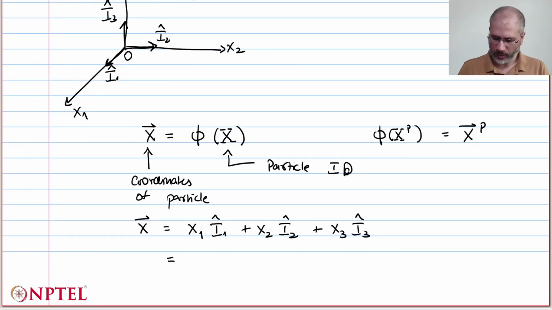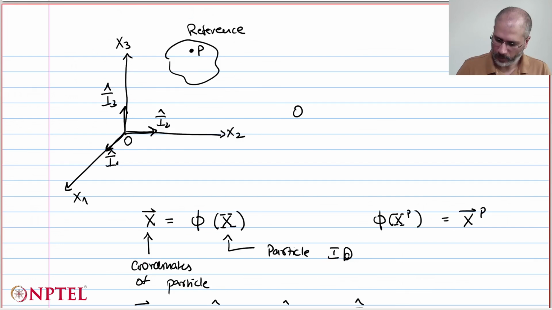So using our summation convention, we can write this as x_A I_A hat. So in the reference coordinate system that we have chosen, let's write it down. Here O, x1, x2, x3 is called our reference coordinate system.